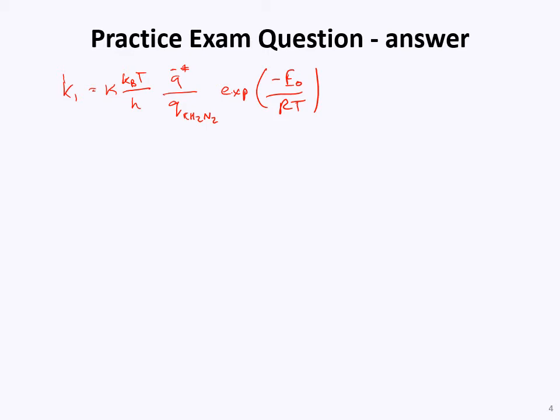Okay, so now we need to think about our reactants. Our reactant is equal to CH2N2, so that's 5 atoms, and therefore we've got 15 degrees of freedom, and they can be given as three translations.